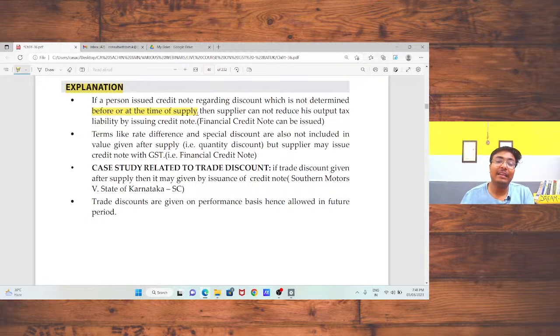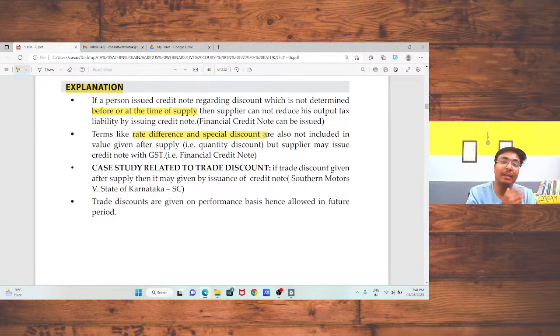Now, terms like rate difference and special discount are also not included in the value given after supply, that is quantity discount, but the supplier may issue the credit note with GST, that is a financial credit note. That means many times while vouching or checking the books of accounts of a client, we find an account of rate difference. Rate difference is that I supplied certain goods at the rate of 12.